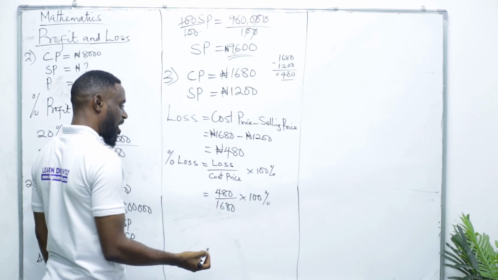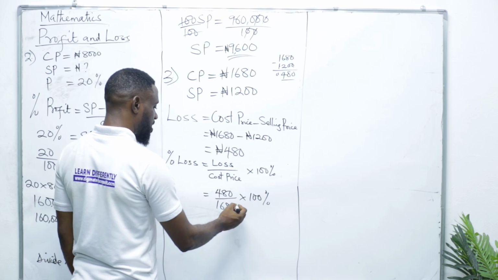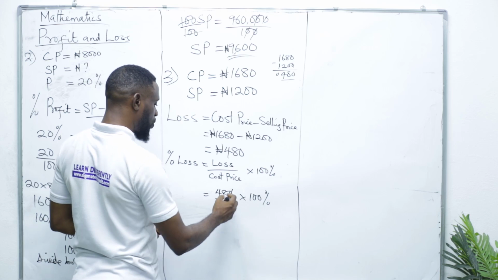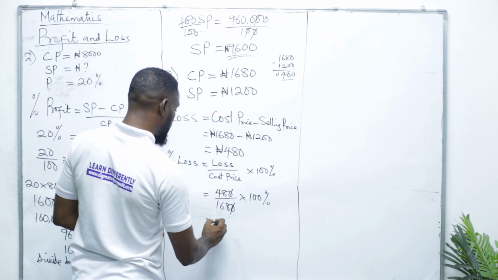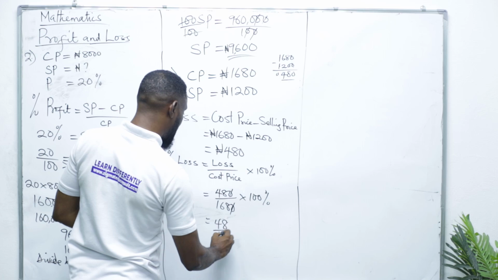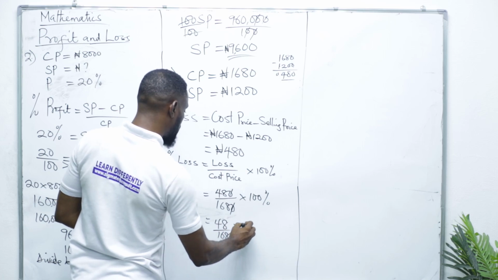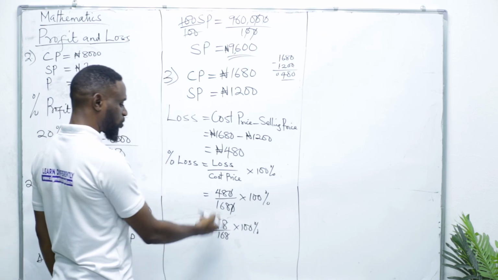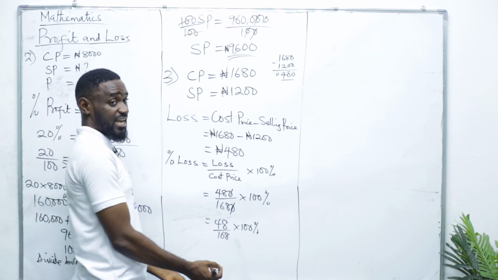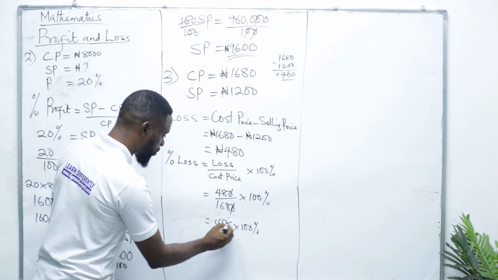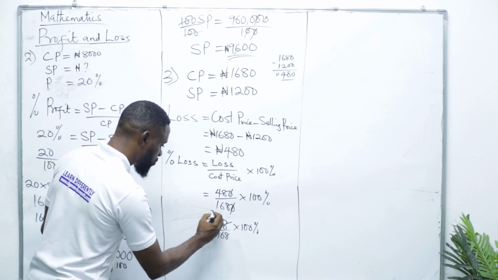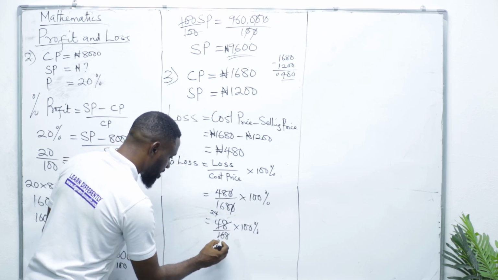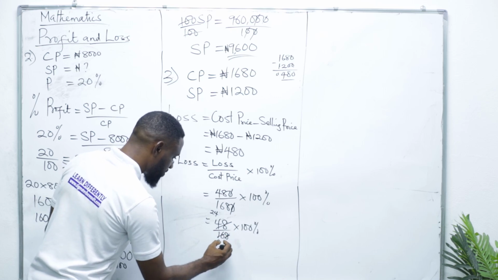So what do we have? We can have this, all right? This divided by this, they go off. So we have 48 over 168 times 100%. Okay, so let's reduce this. The common factor between these two, the least that we know now, is 2. 2 in 48 is 24, 2 in 168 is 84.